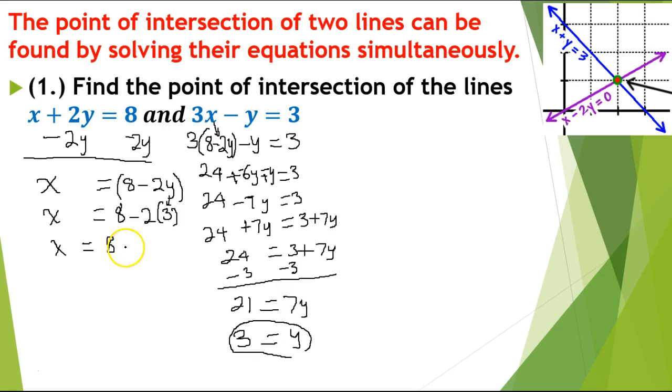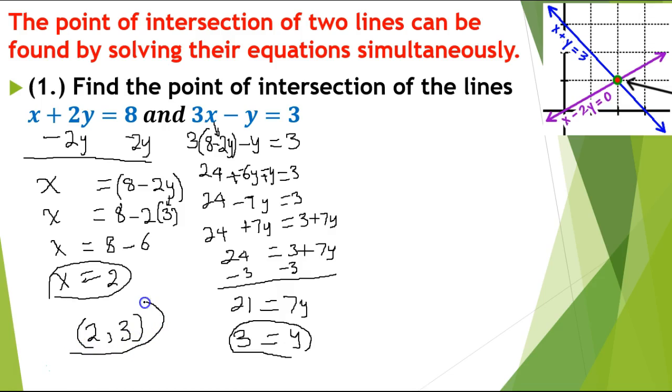Make sure you multiply first. 2 times 3 is 6, and then finally 8 minus 6 is 2. So we have our x and our y. Our ordered pair solution is, make sure you write x first, (2, 3), and that's our final answer. This is where these two equations will intersect.